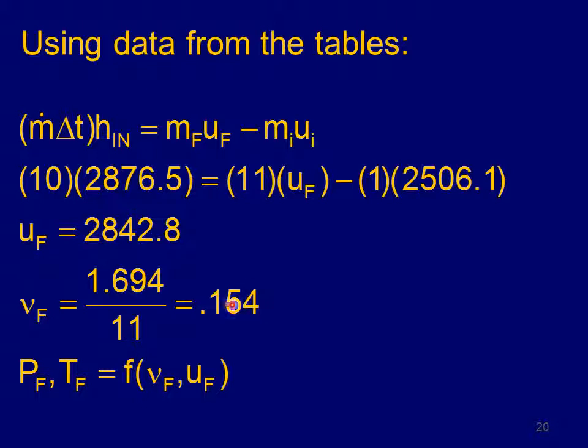Again, we said the final volume is 1/11th of the initial volume. Now we have two properties for the final state, U and V, and now we can find the pressure at the end and the temperature at the end as a function of these two properties. Now that's not an easy thing to do, but it can be done.